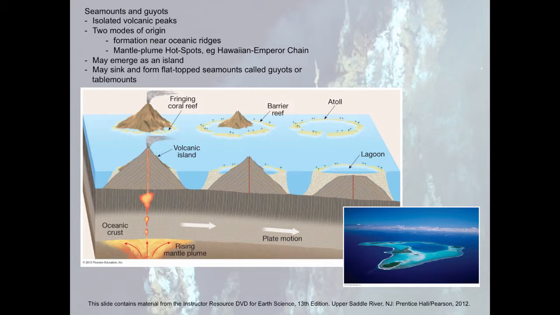Two modes of origin for these systems. One is near oceanic ridges where volcanism is taking place along the transform boundaries. Others are in mid-plate where mantle plume hotspots exist, such as the Hawaiian Emperor chain, where a stationary rising mantle plume creates a line or chain of islands over long periods of geologic time.